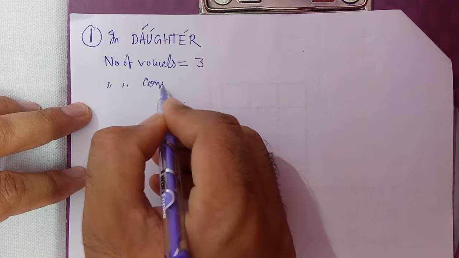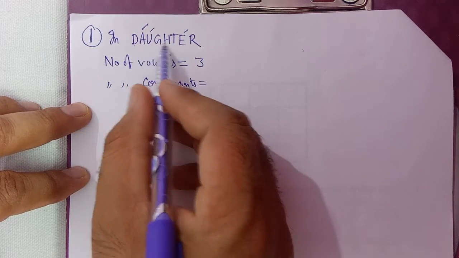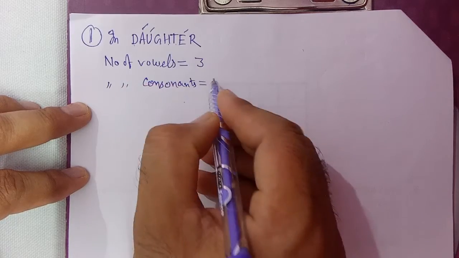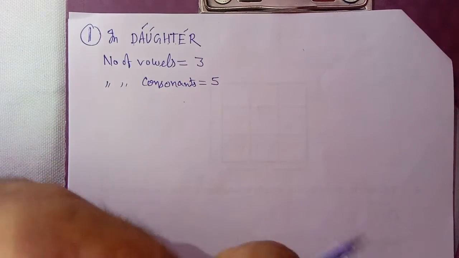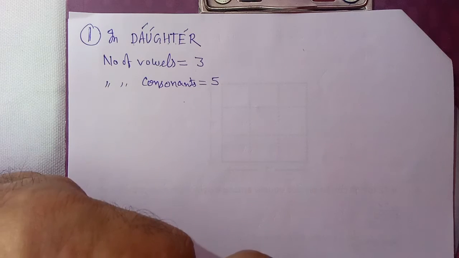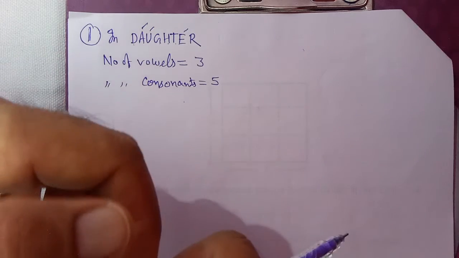Number of consonants, 5. Now you are to select 2 vowels and 3 consonants, and then you will arrange these 5 objects.